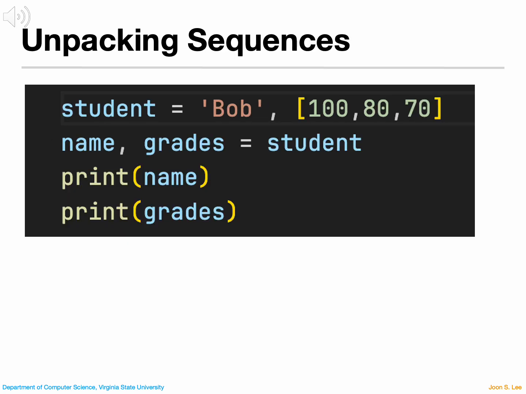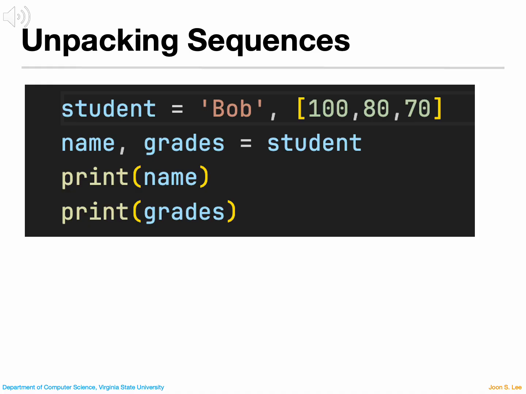Python makes it really easy to unpack values from a tuple or any sequence into separate variables. In this example, the variable student holds two items, the string Bob and a list, 100, 80, 70. When we write name, comma, grades equals student, Python automatically assigns each value to its corresponding variable.